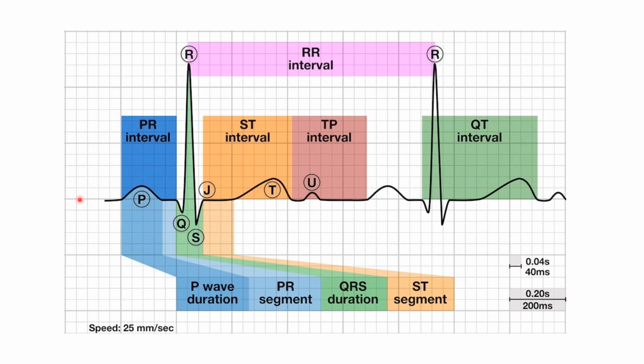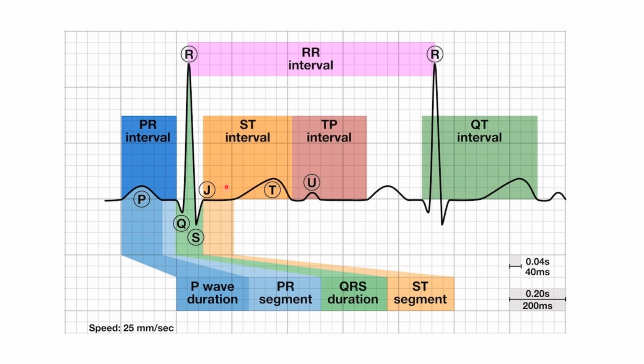We kind of draw an imaginary line across here, and that's kind of like our baseline flat line. So in ST elevation, this is literally elevated. Like it looks like a wave. So that could indicate that the patient is having an elevated ST segment, meaning that they're having some type of injury to their heart muscle.